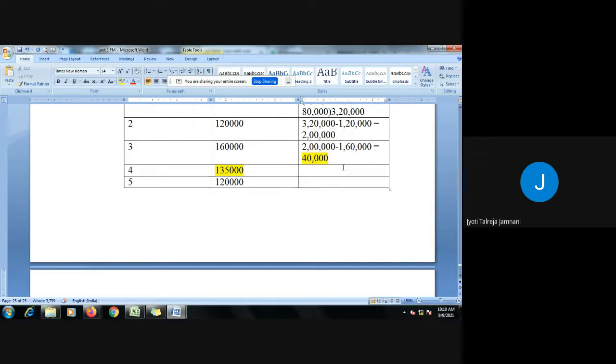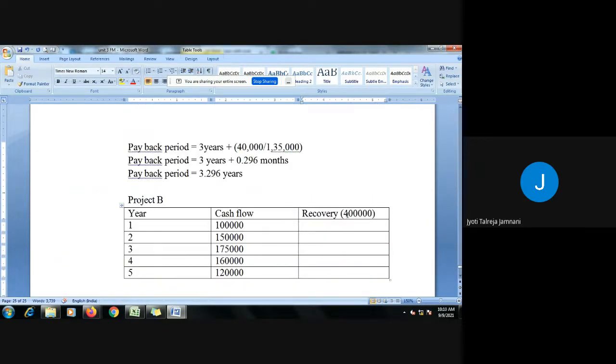Initial investment for project B is 5 lakhs. As it is a normal payback period, we need not find the present value. Directly we are minusing from the cash flow. So first year, 5 lakh minus the first year cash flow 1 lakh, we get 4 lakhs.